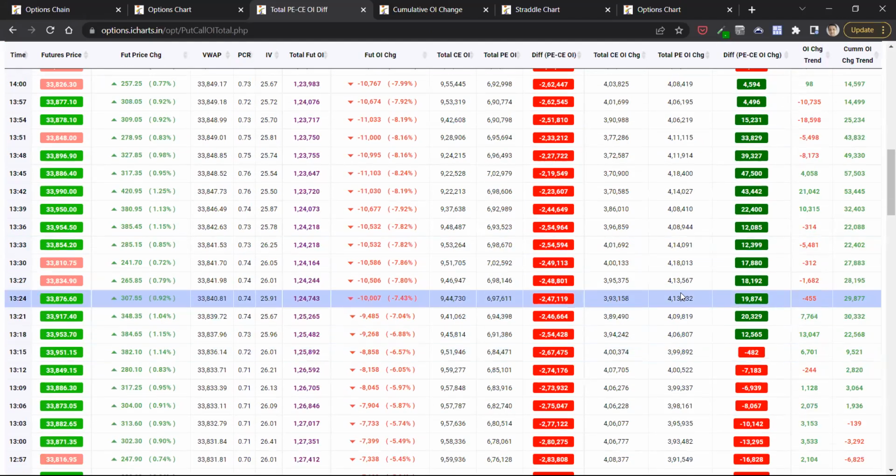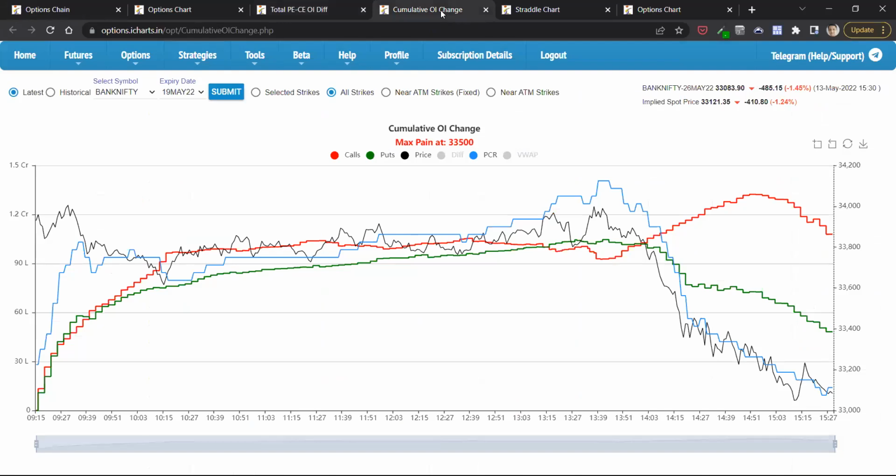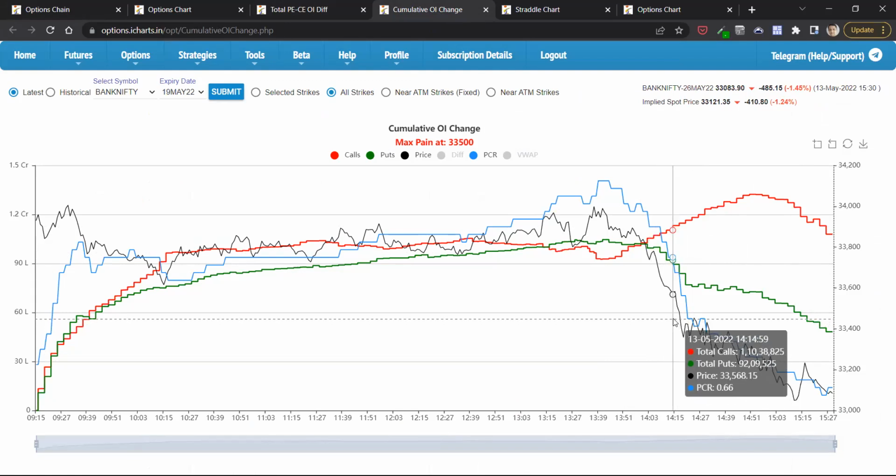And sir, one more point: in the cumulative OI point, you keep mentioning the put call ratio. As of now, at the end of the day, with this particular chart, we can easily see a trend of where the PCR is going. But sir, in the live market, it's very tough to see whether the PCR is going up or down, because if you open the option OI breakup, sometimes it's a bluff about where they are going to take the market.